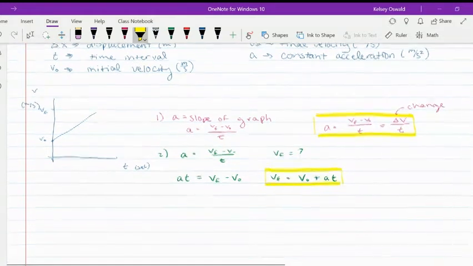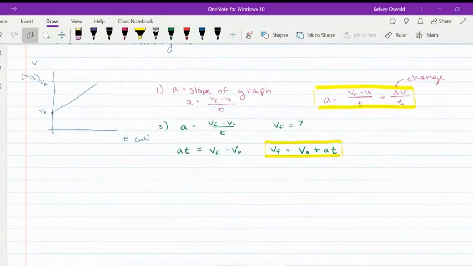Our third kinematic equation we're also going to get by looking at this velocity time graph. We know the slope of our velocity time graph tells us our acceleration. But we know that our displacement of our object is also equal to the area. If we find the area of this velocity time graph, we'll be able to find our displacement.